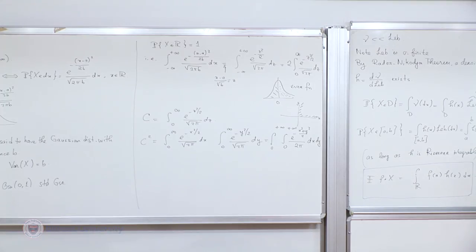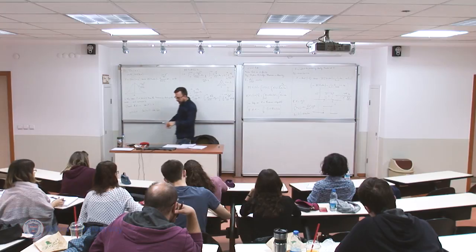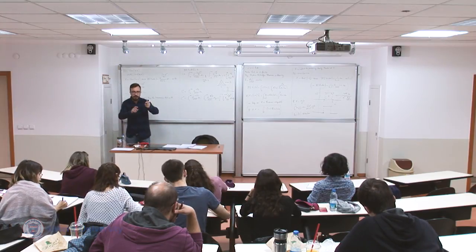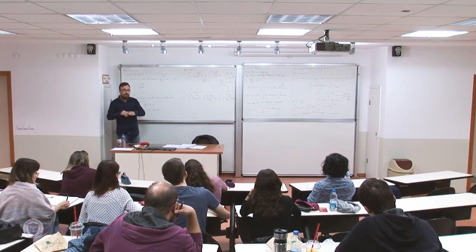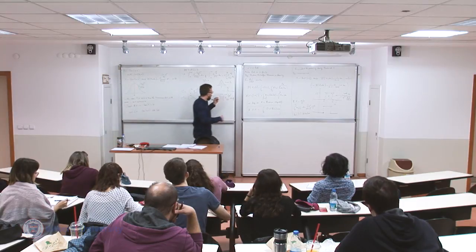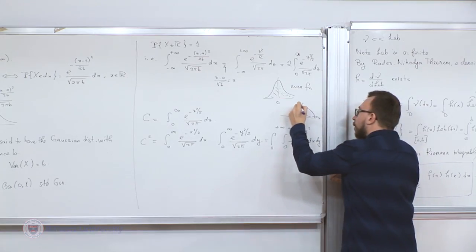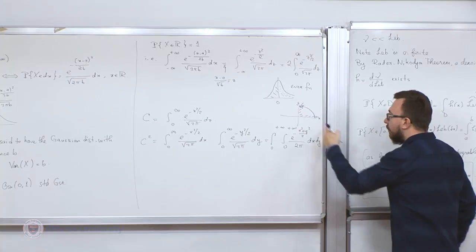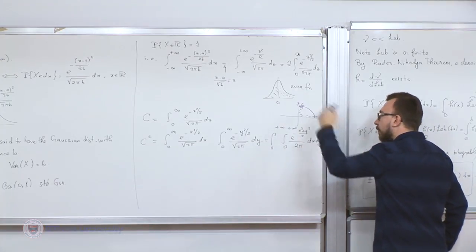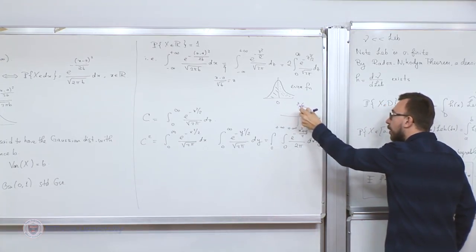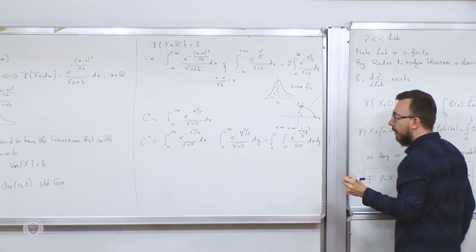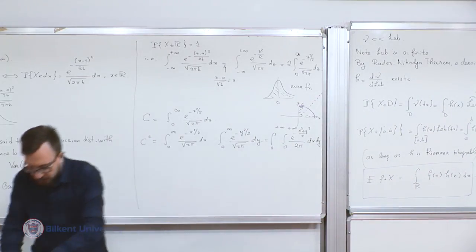So a nicer way to calculate this double integral is to switch coordinates from Cartesian to polar. So let's do it. We can have an angle from 0 to pi over 2 and radius from 0 to infinity. So in fact, this integral just becomes what?